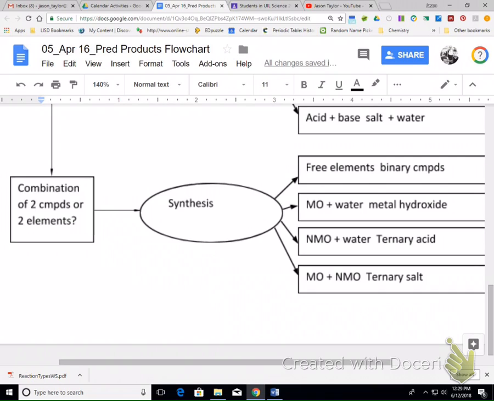If you react that metal oxide with a non-metal oxide, for example, calcium oxide is a metal oxide. Carbon dioxide is a non-metal oxide. If you react those two under the correct conditions, you will make calcium carbonate, which is a ternary salt. So we're going to see some examples of how to do that.